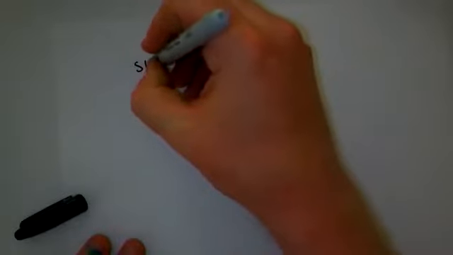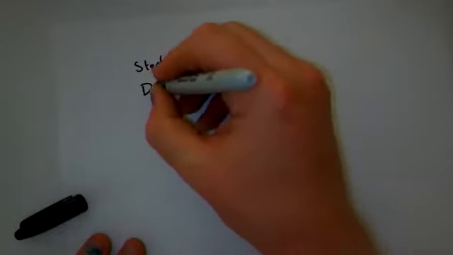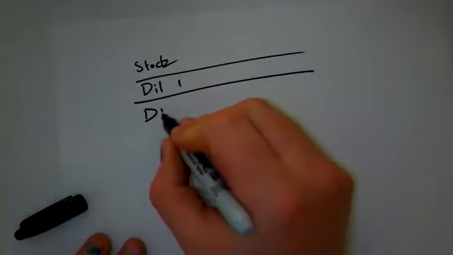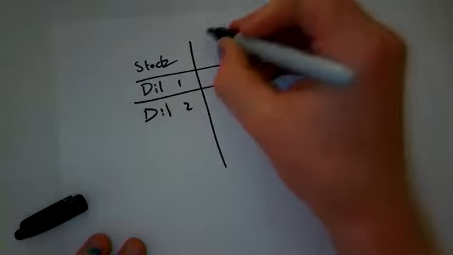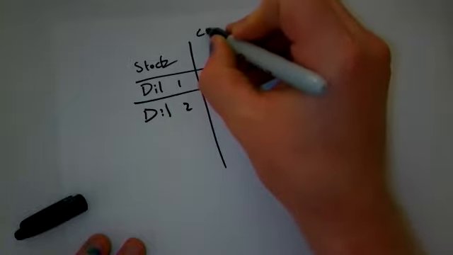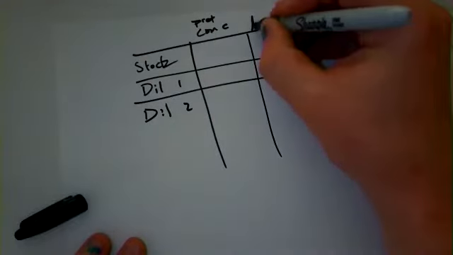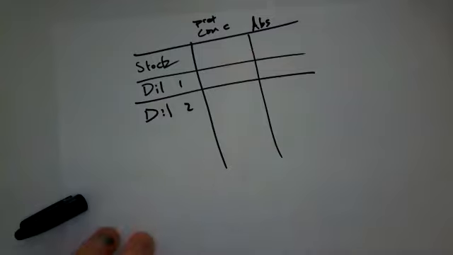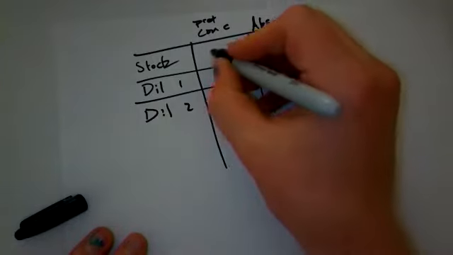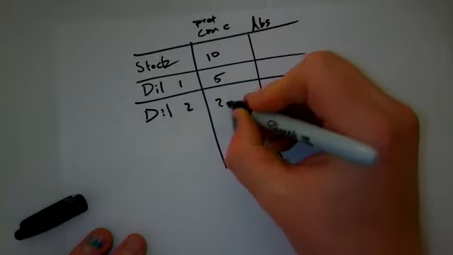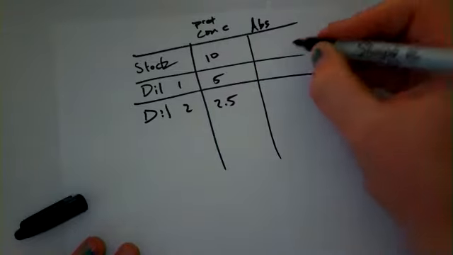You'll have your stock, or your dilution number 1, dilution 2, and for these, you know your concentration. You're going to collect your absorbance. Protein concentration of, let's say, 10, 5, 2.5.